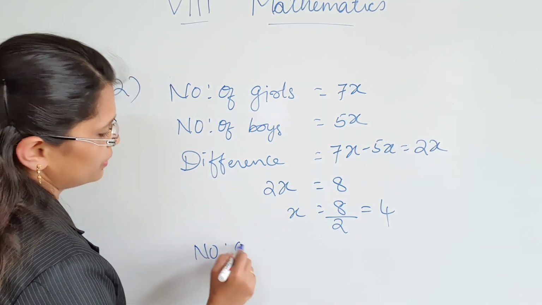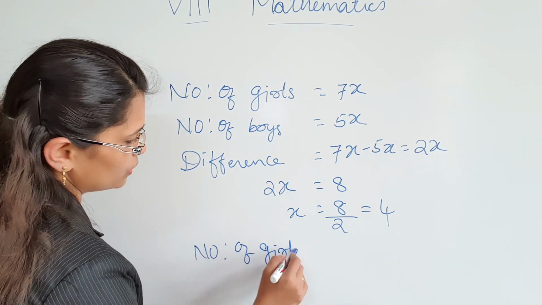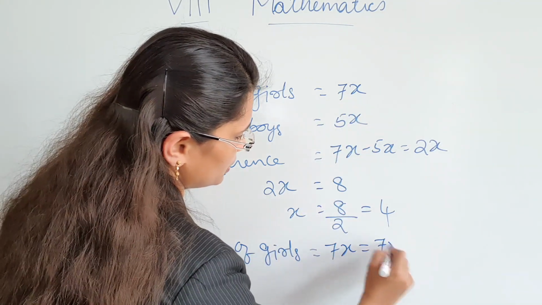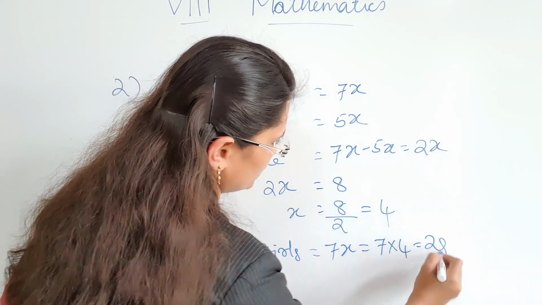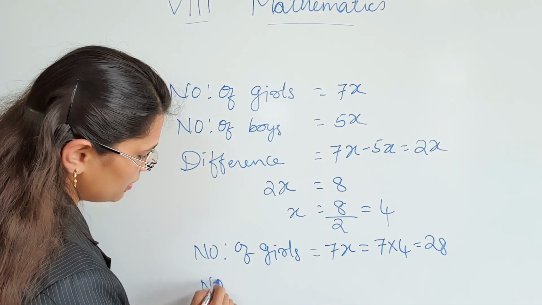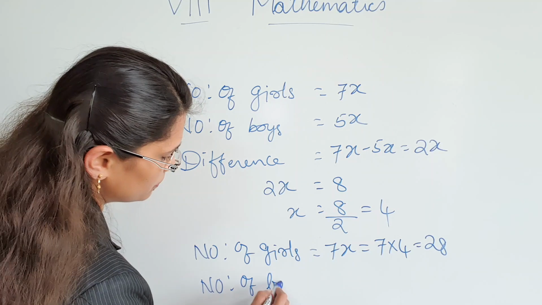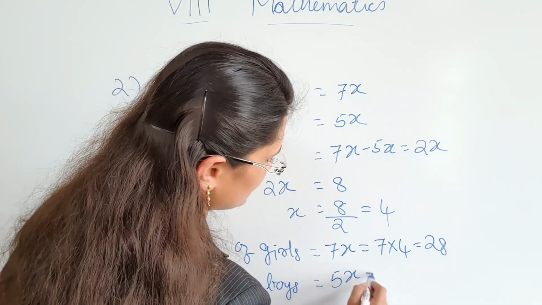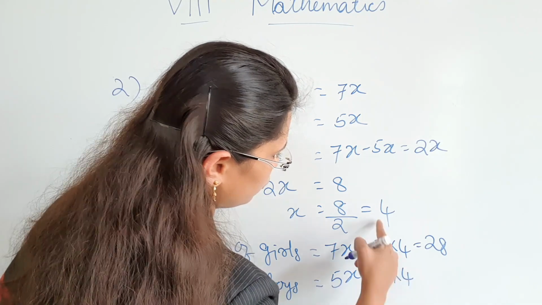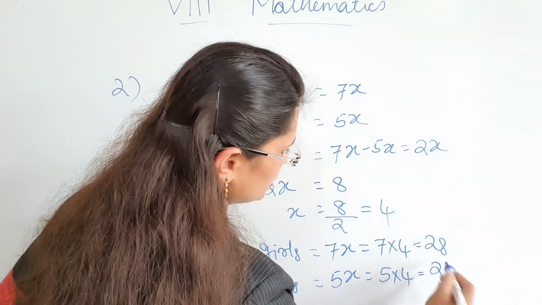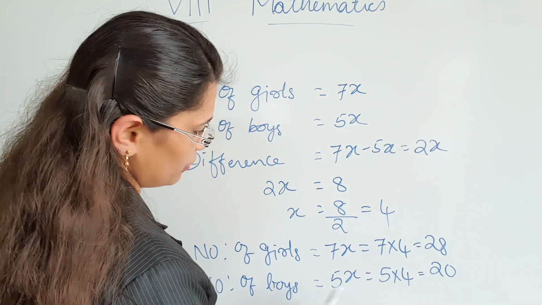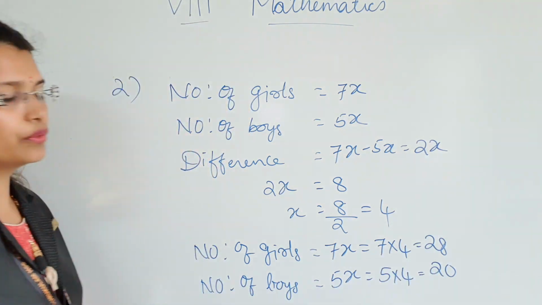Number of girls is equal to 7x is equal to 7 into 4 is equal to 28, and then number of boys is equal to 5x is equal to 5 into 4 is equal to 20. So number of girls is equal to 28, number of boys is equal to 20.